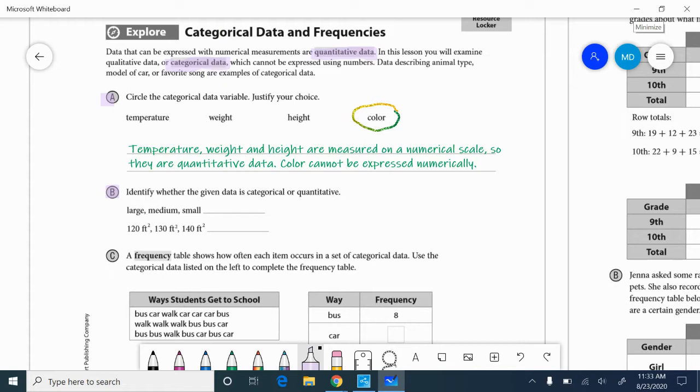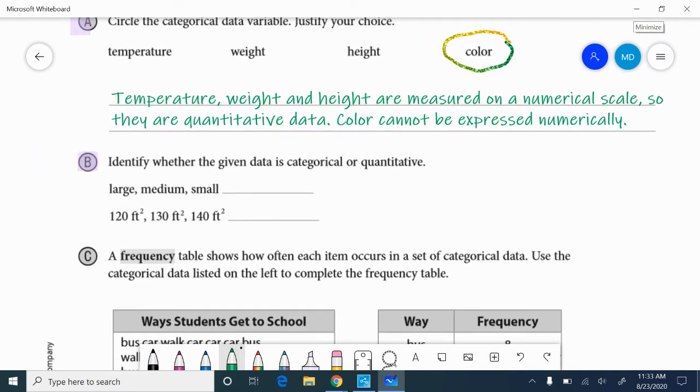So that is our categorical data. And then if we look at 120 feet squared, 130 feet squared, 140 feet squared, those are numerical. So that's what we say is quantitative. Those are the two types of data that we're working with.